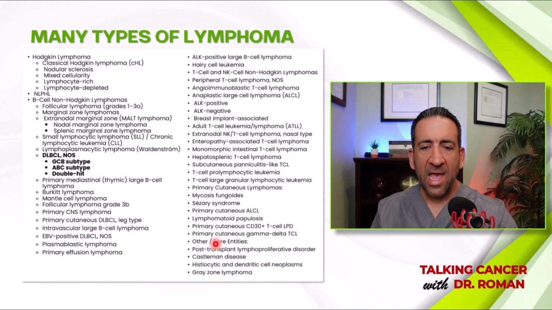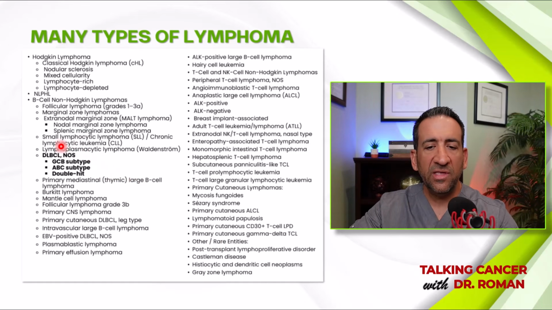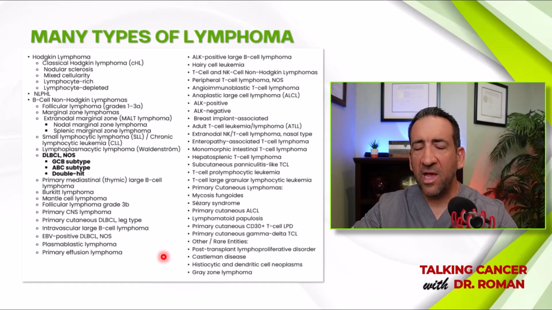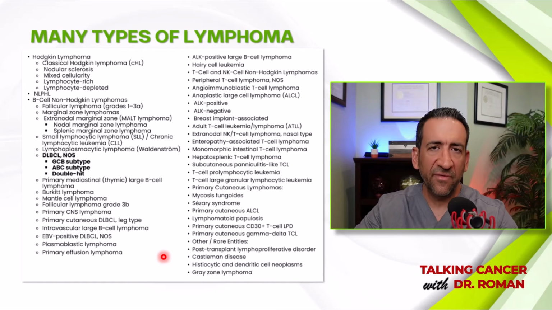That's number one. And what we are going to cover in this video is specifically diffuse large B-cell lymphoma, which constitutes these lymphomas that I have in bold black lettering here. So as you can imagine, look at all of these different types of lymphoma. So question number one, when you see your doctor, is you want to make sure that you have been appropriately diagnosed and that you truly have a diffuse large B-cell lymphoma.